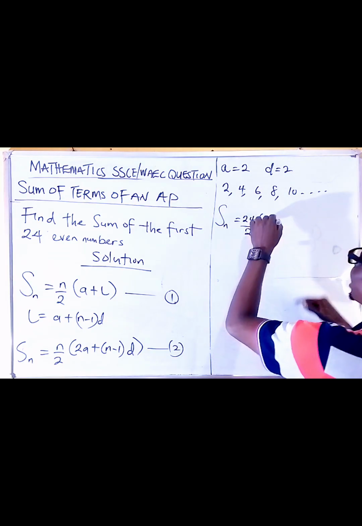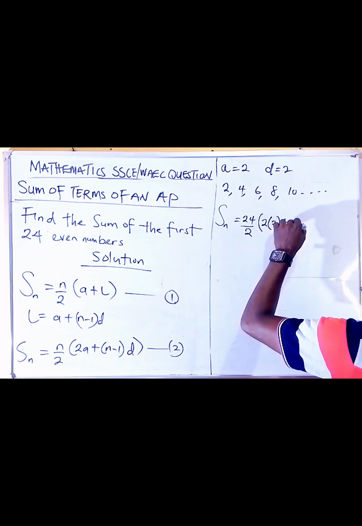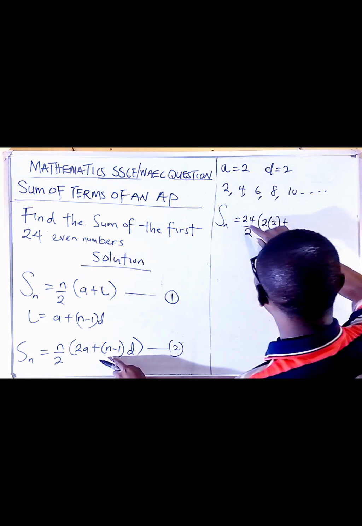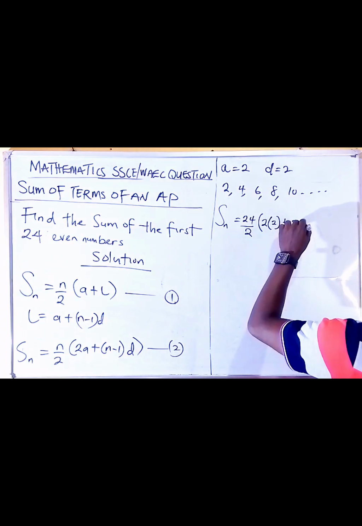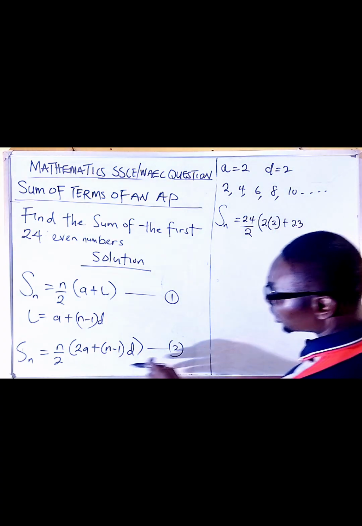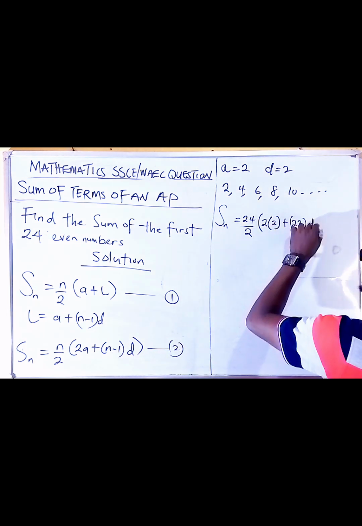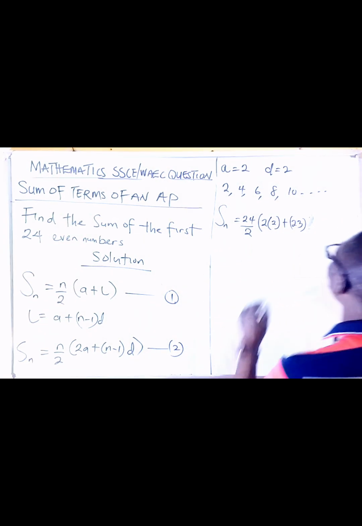What's our A? Our A is 2. Plus N minus 1. So here we now have 23 times D. And our D is equal to 2.